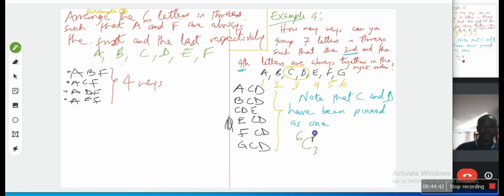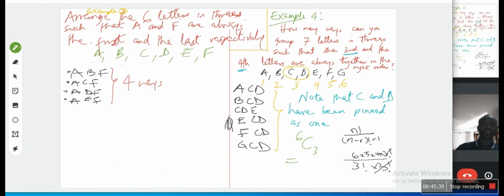The formula is N combination R, which is n factorial over r factorial times n minus r factorial. So 6 factorial over 3 factorial times 6 minus 3, which is 3, factorial. That's 3 factorial times 3 factorial, so this can cancel this.